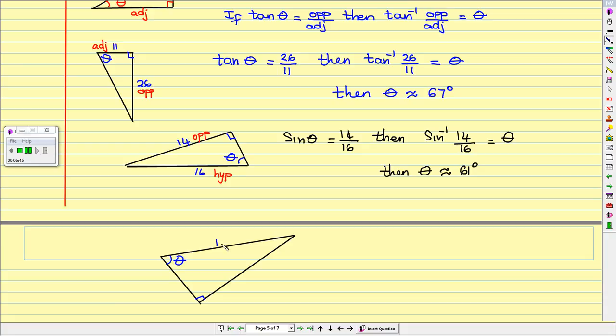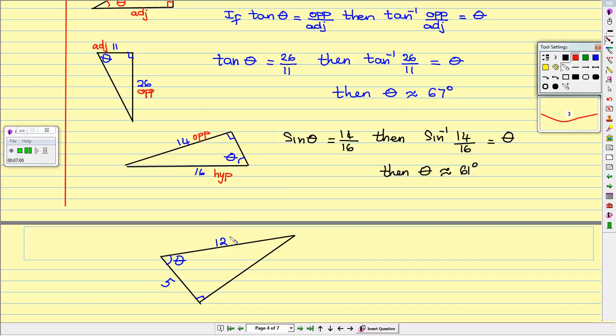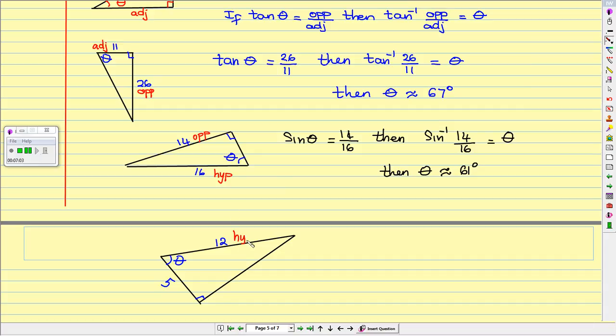Given the hypotenuse, which is the side opposite the right angle, 12 units. The adjacent, which is the side that's next to the angle theta, is 5. So I'm going to label this as hypotenuse, and this is the adjacent.